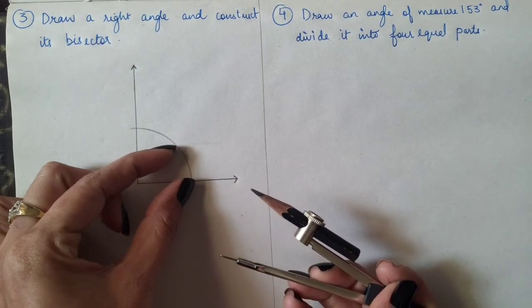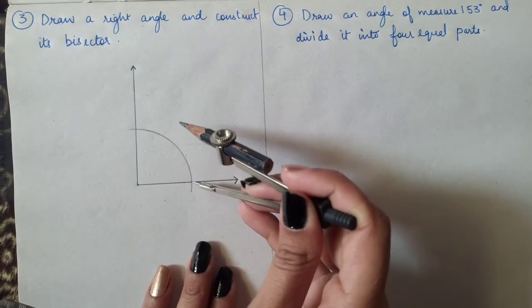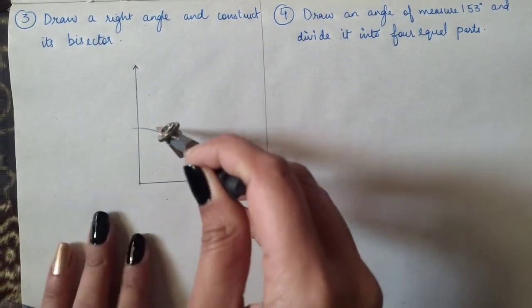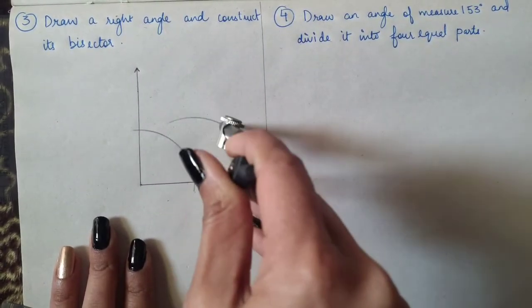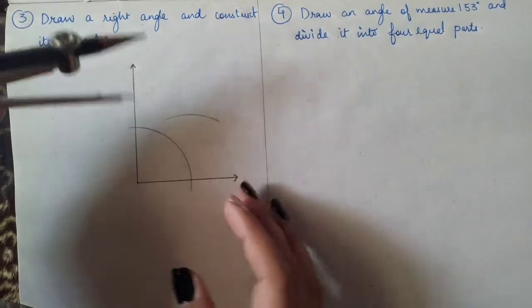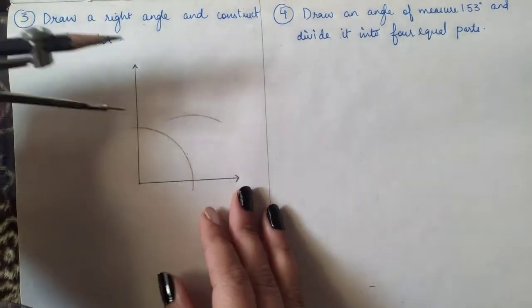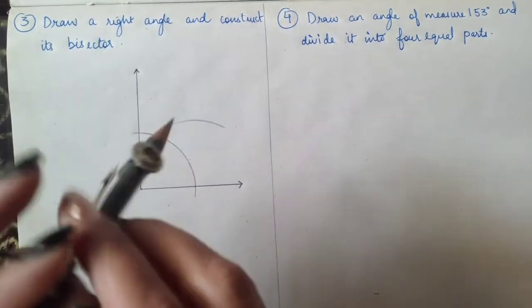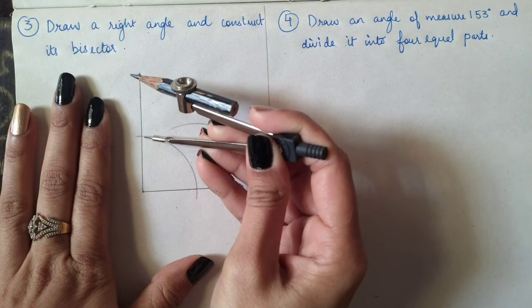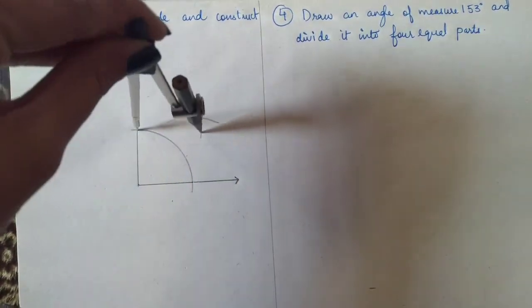So this is kind of half of this distance, and I have to open it through more than half. That's a good guess of more than half. I'll draw an arc like this, and now this time, without disturbing my compass, keeping it on this point here carefully, this is my left hand, I'll just make a point here. Now I'll draw an arc here.